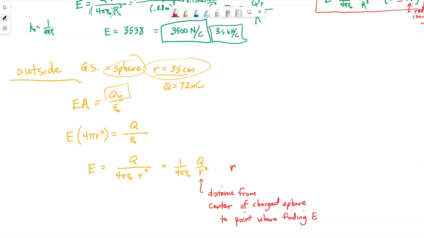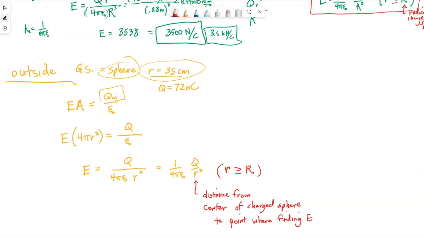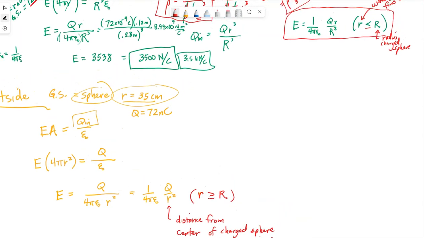So this equation is valid for r is greater than or equal to capital R, meaning the radius of the actual charged sphere. Now notice I put it's greater than or equal to.